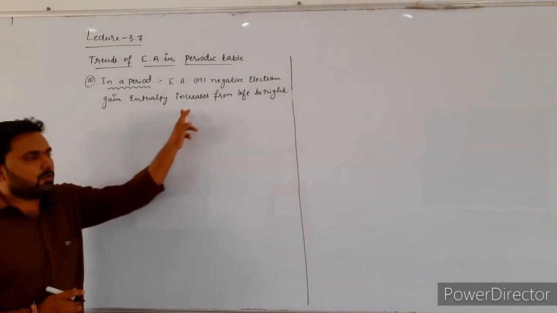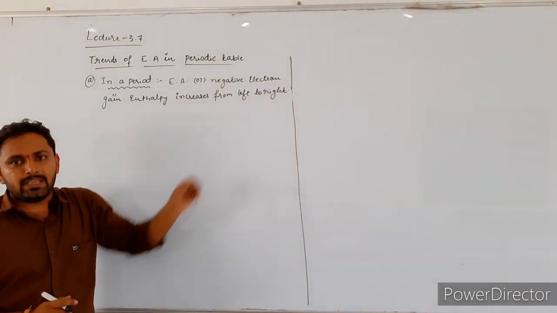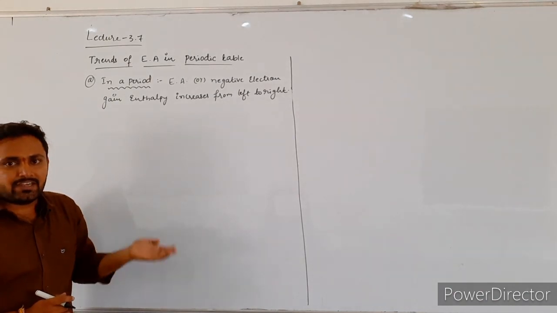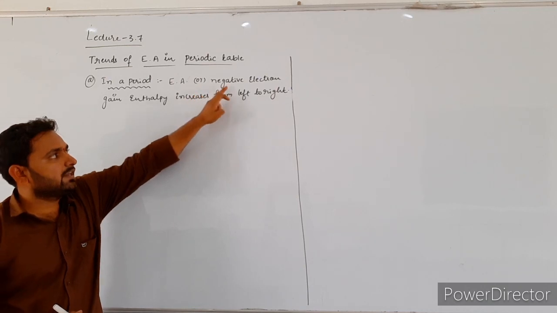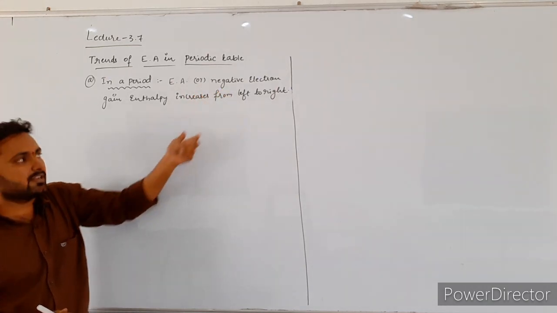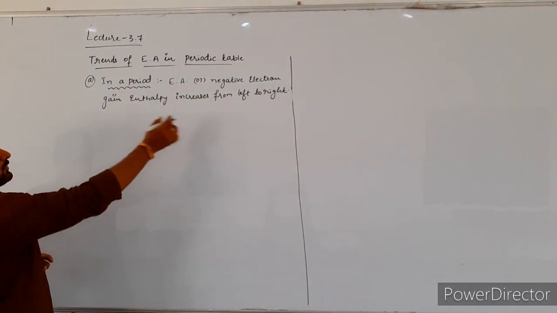Because from left to right in the periodic table, atomic radius decreases and effective nuclear charge increases. That's why electron affinity increases from left to right.